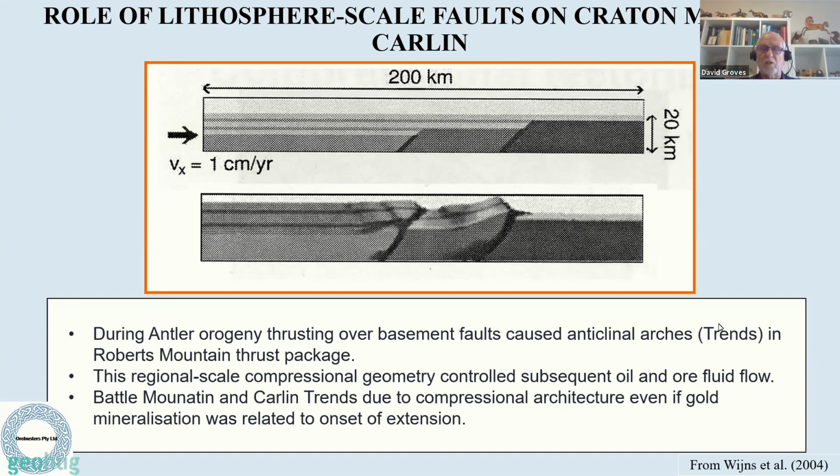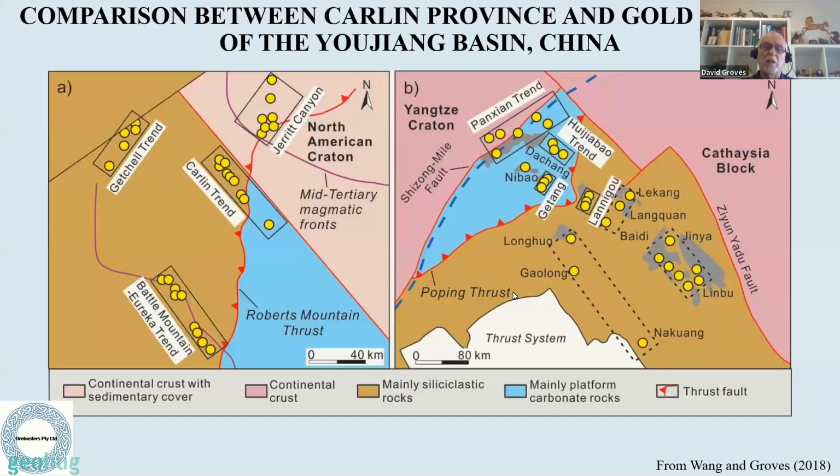So the architecture of the basement is controlling where the sedimentation is and where the deposits are, because of the linearity. I've just put a cartoon, North American Craton and the trends, Carlin.